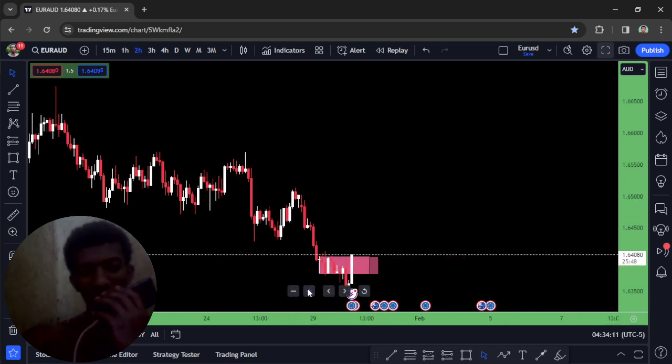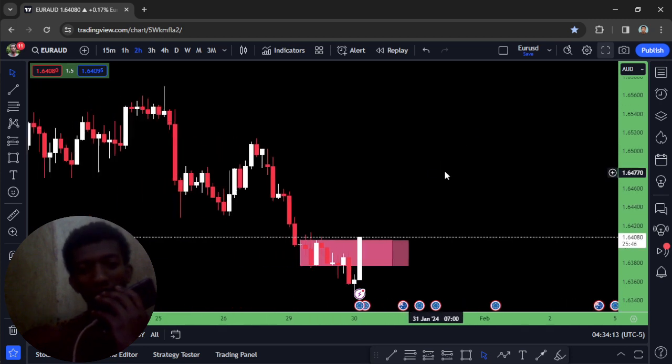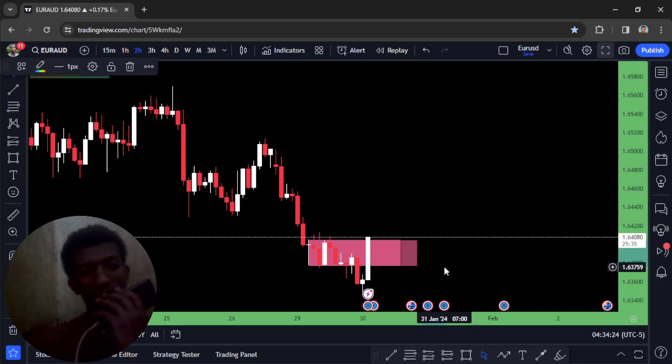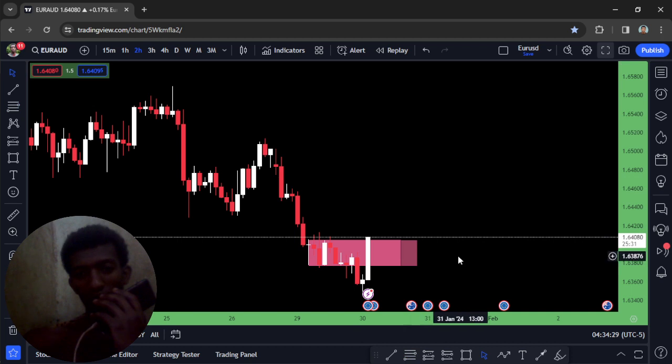So as you can see, Euro Aussie has moved up, right? You can buy this thing. All you gotta do is just measure your TP. Oh, great. We can't even see this Fibonacci right here.